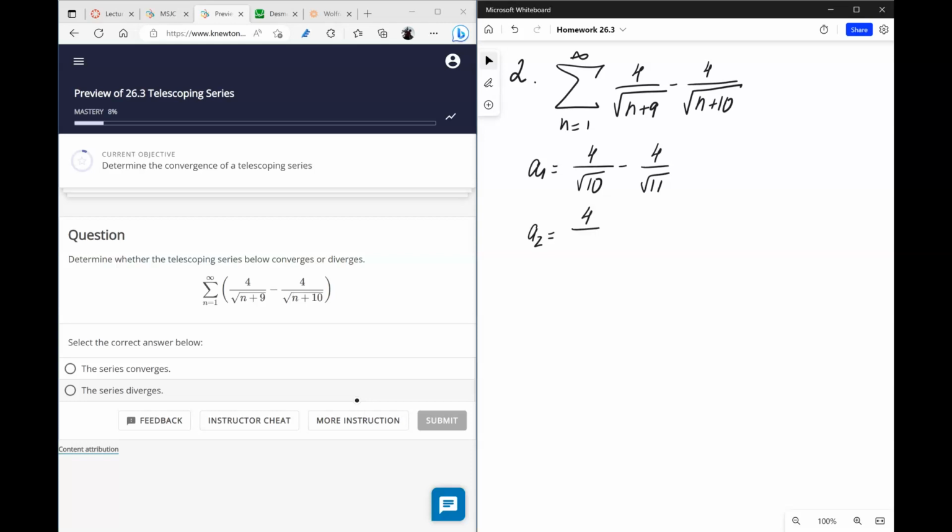A2 will be 4 over square root of 11 minus 4 over square root of 12, etc. So S1 will be A1, and S2 will be 4 over square root of 10 minus 4 over square root of 11 plus 4 over square root of 11 minus 4 over square root of 12.